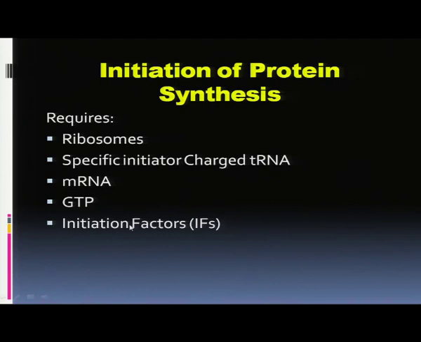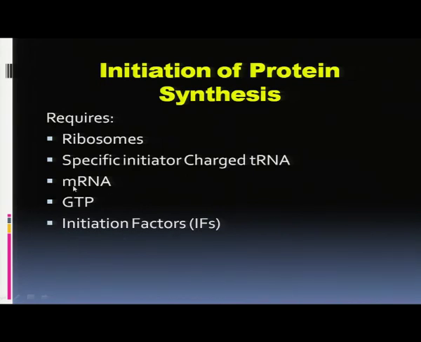Now, the next step of protein synthesis is initiation of protein, means how the synthesis of protein is being initiated by the cells. So, initiation of protein synthesis requires ribosomes, a specific initiator charged transfer RNA, messenger RNA, GTP, that is guanosine triphosphate as the energy source, and initiation factors.